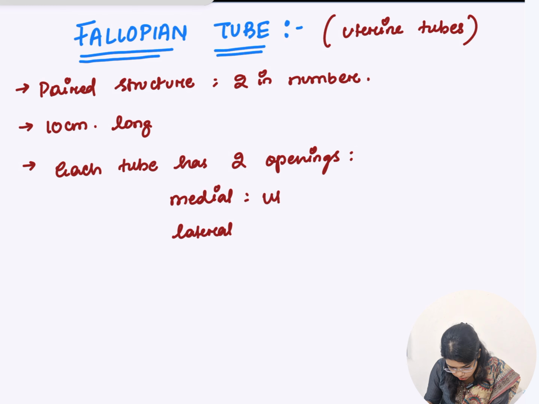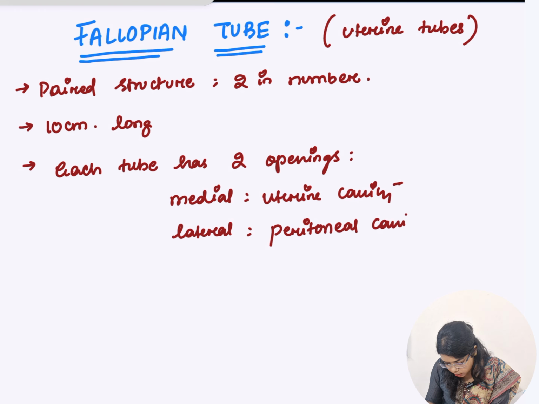Medially it joins the uterine cavity and laterally it opens to the peritoneal cavity. Okay, here the diameter is 1 mm and here, laterally, 6 mm.